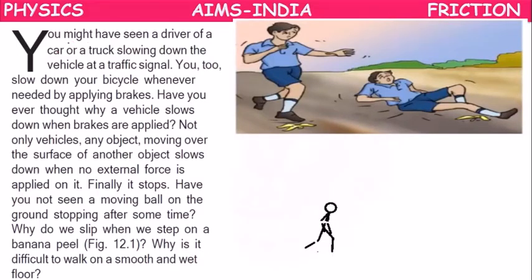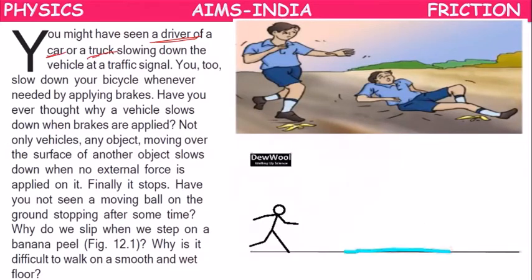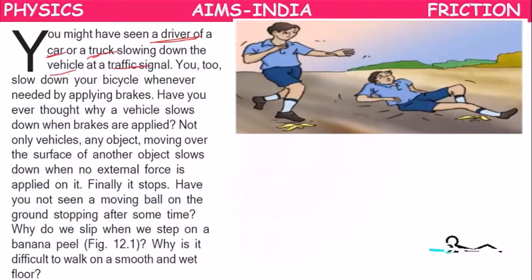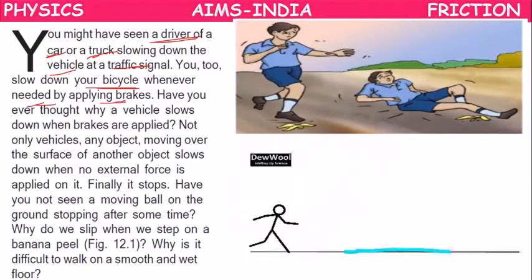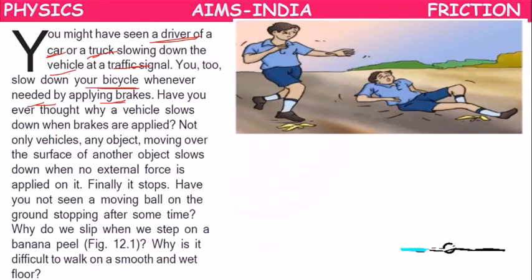So here, children, we might have seen a driver of a car or a truck slowing down the vehicle at a traffic signal. We too slow down our bicycle whenever needed by applying the brakes. So actually the question here is, why does a vehicle slow down when brakes are applied?